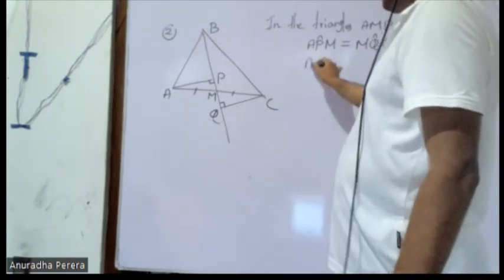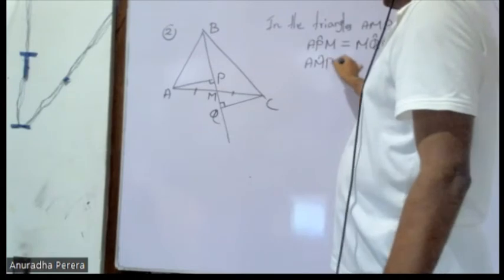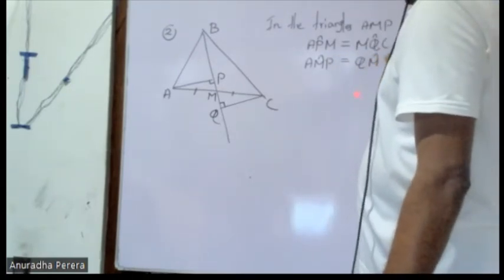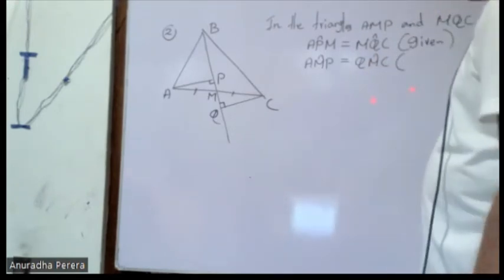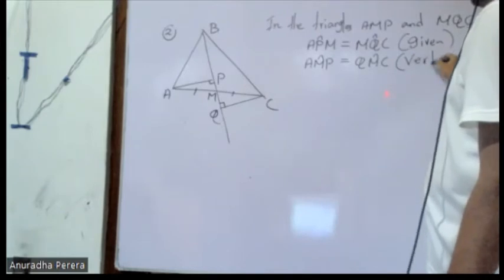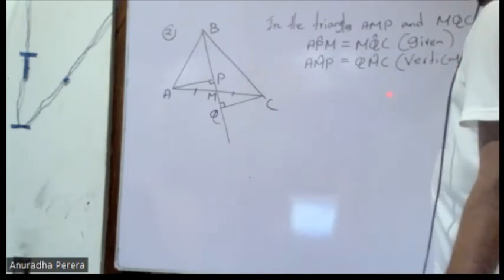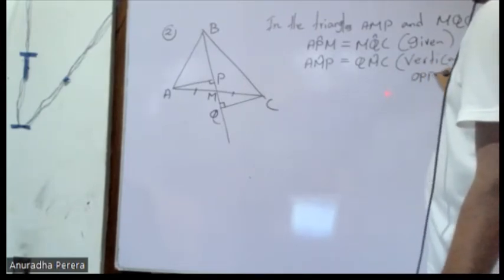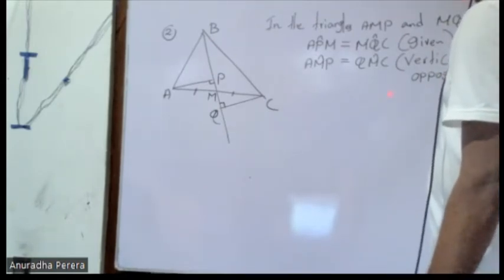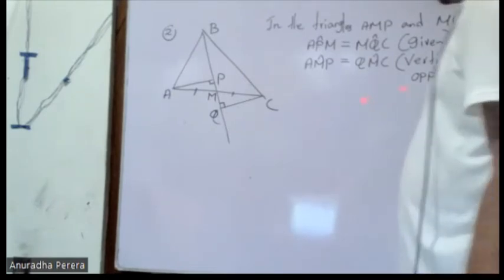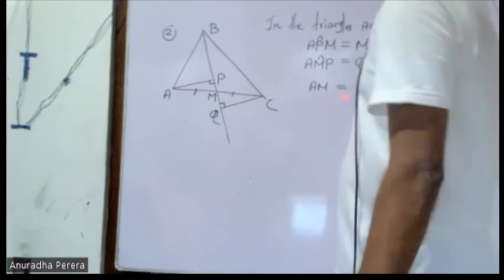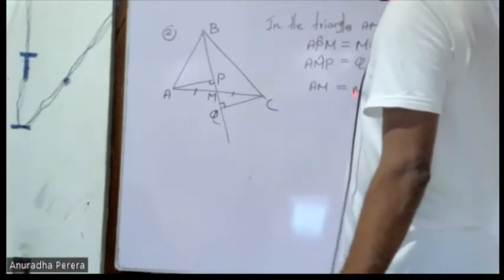AMP equals QMC, vertically opposite angles. AM equals MC, given.